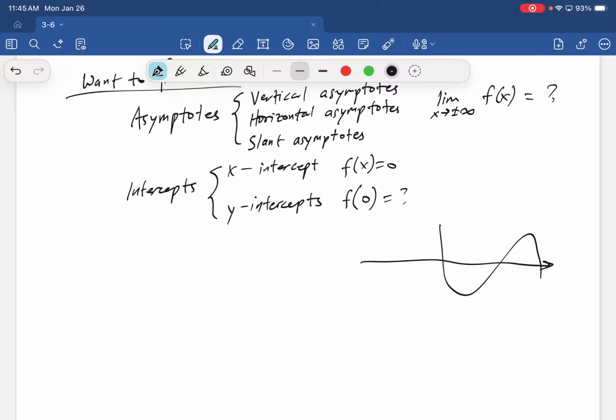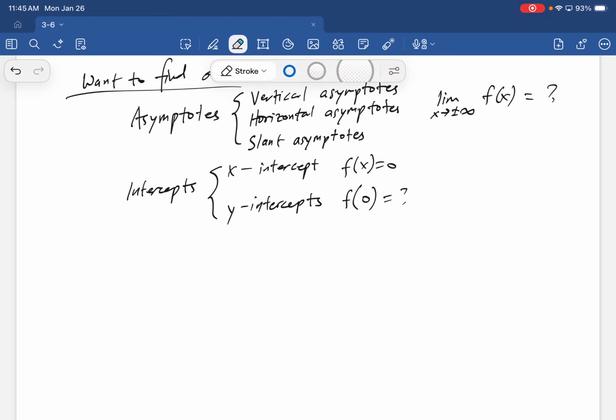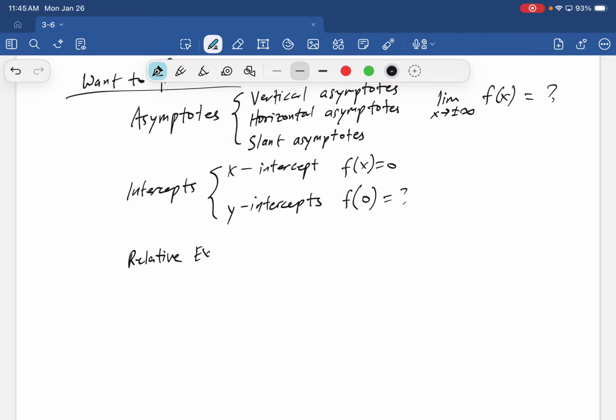Okay, so we're also interested in relative extrema. That means we have to find the first derivative and then find the critical values, and that will tell us the relative extrema, maximums and minimums. We also care about increasing and decreasing intervals. It is a lot of stuff.